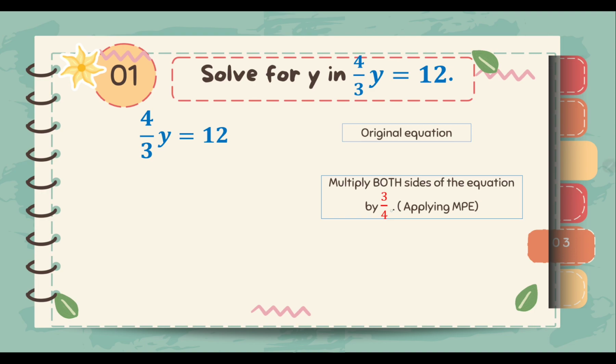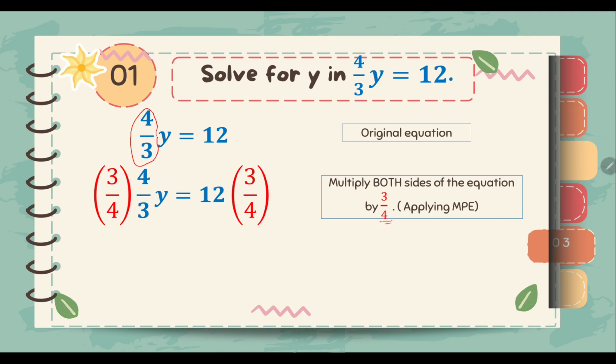Why is it that we are multiplying both sides by 3/4? Remember that the coefficient of y is 4/3. So we get the multiplicative inverse or the reciprocal, and that is 3/4. So 3/4 times 4/3 y is equal to 12 times 3/4.